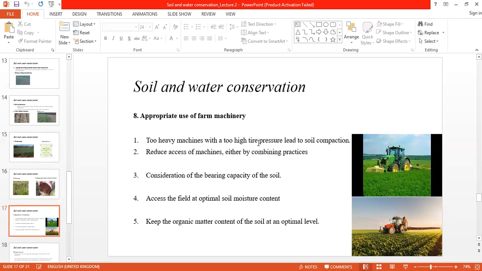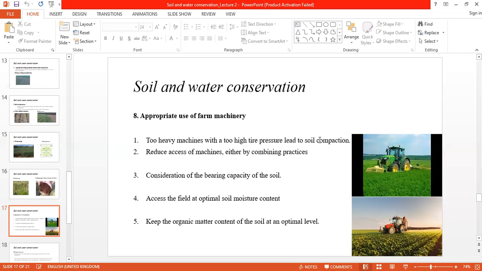To achieve this, you can reduce the pressure on your tires as you use the machinery on your farm, so that the base of the tires becomes flat, and it will reduce the pressure on the soil.